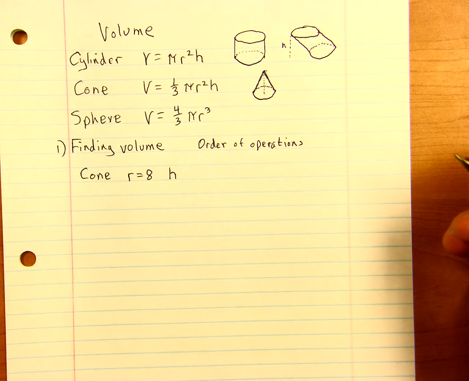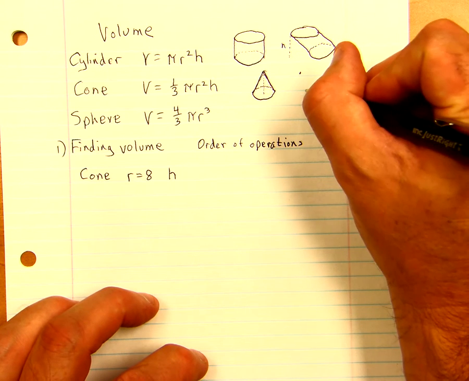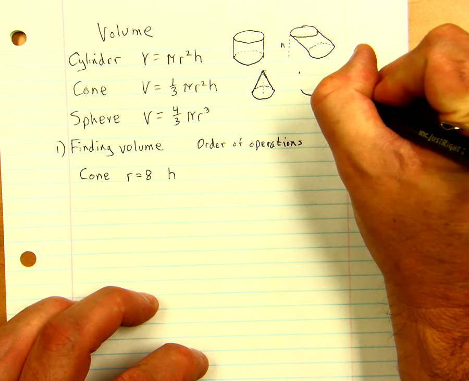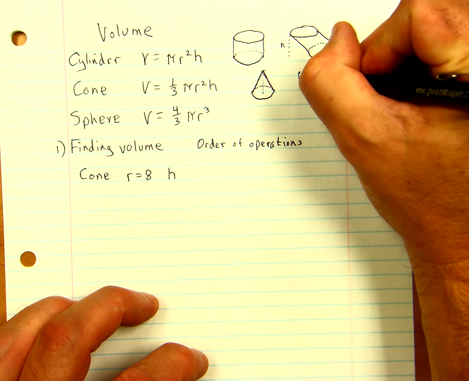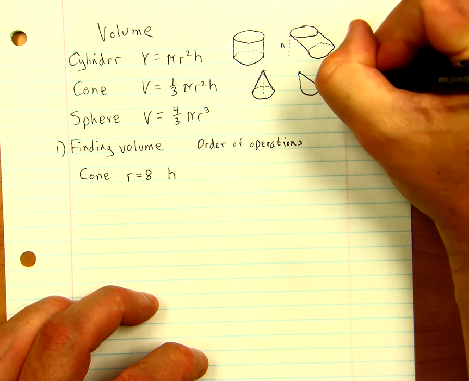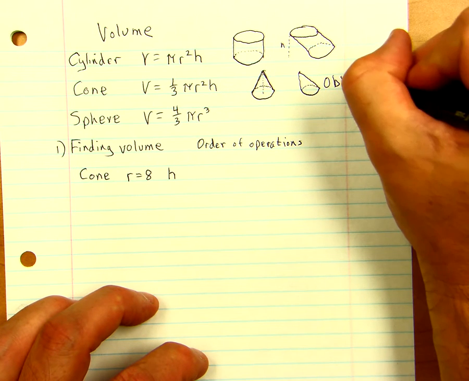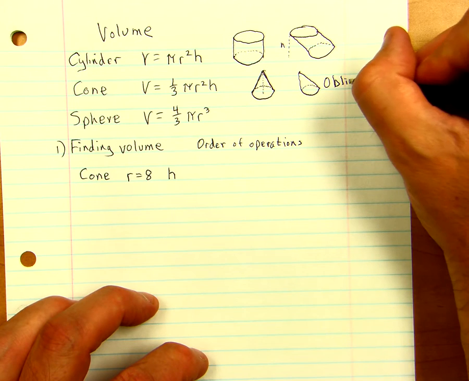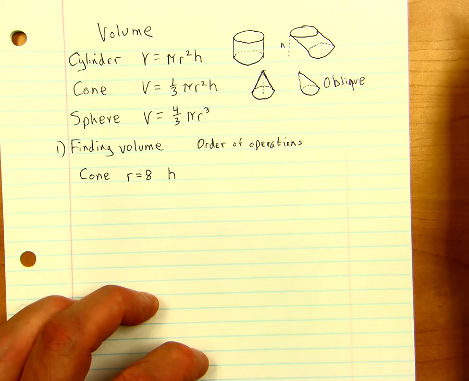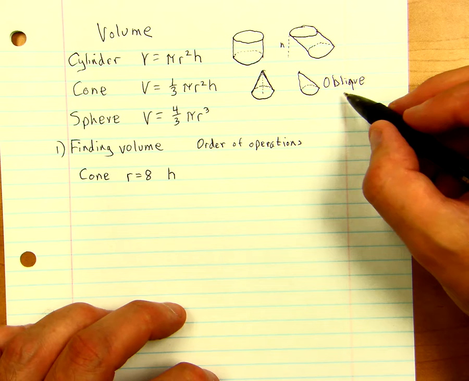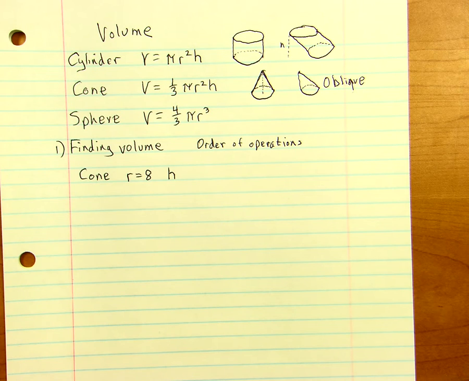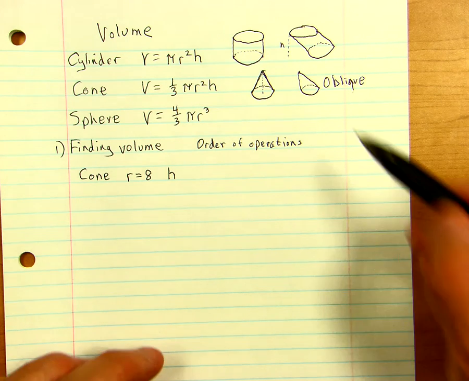You can make an oblique cone too. Just make the circle cut off to the side here. That's called oblique, O-B-L-I-Q-U-E. It's kind of been leaned over. Somebody pushed the top over a little bit. But the way they're done is the exact same way.